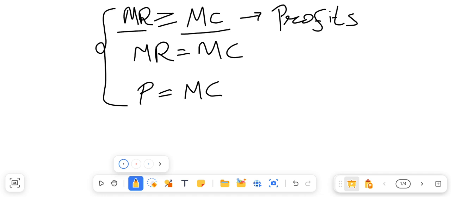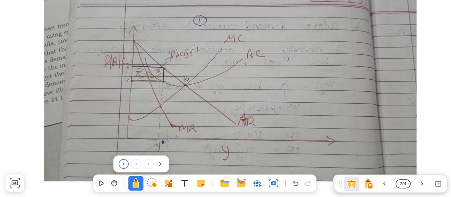Now let's come to the profit maximization. How does a monopolist maximize its profit? Here I have a graph, so let me explain it to you.